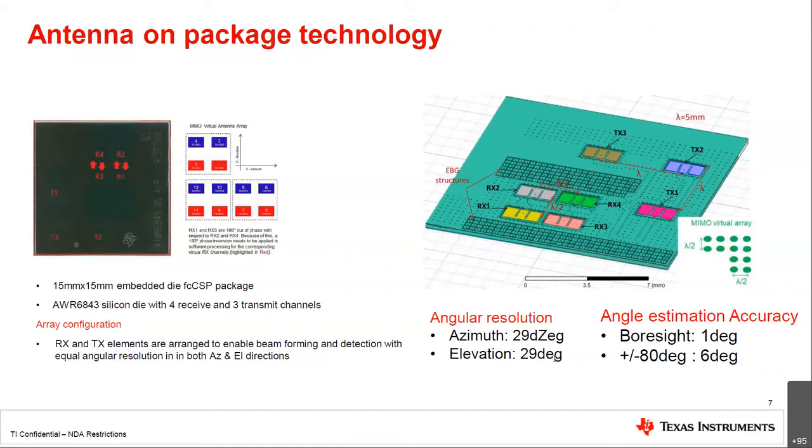But typically, with radar, we have really fine velocity resolution. So generally, you have very fine range resolution and then even finer velocity resolution. So your range resolution is about 4 centimeters, and then your Doppler resolution is mainly constrained by both your chirp design and the memory constraints.